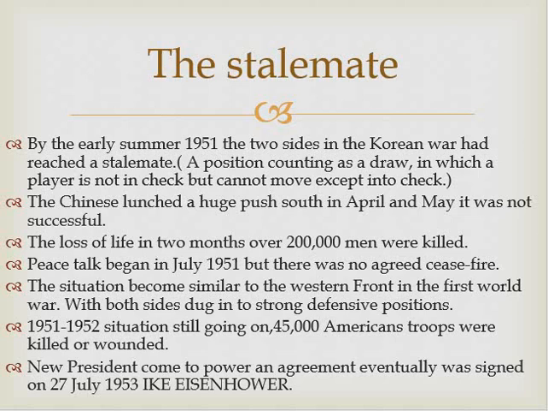As the months passed, the situation became similar to the Western Front in the First World War, with both sides dug into strong defensive positions. The situation continued throughout the second half of 1951 and through the whole of 1952.